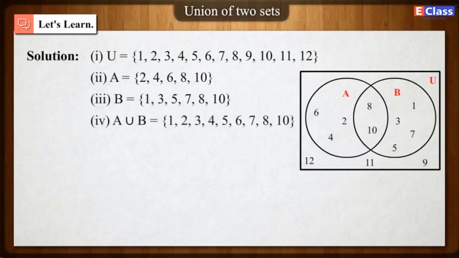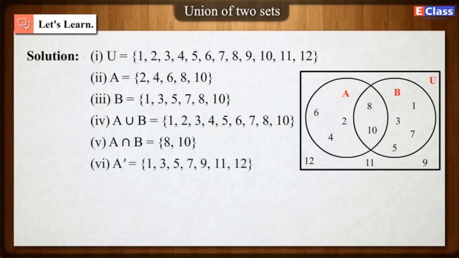Set A union B is equal to {1, 2, 3, 4, 5, 6, 7, 8, 10}. 5. Set A intersection B is equal to {8, 10}.